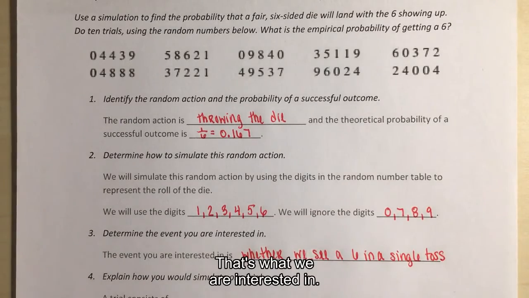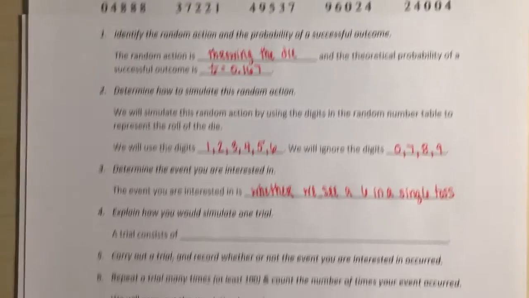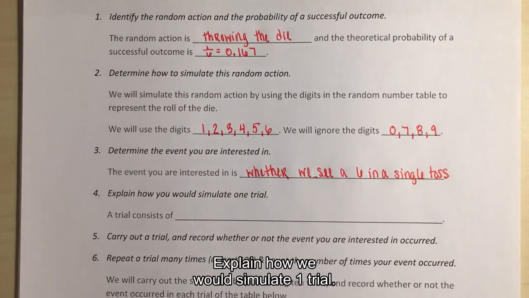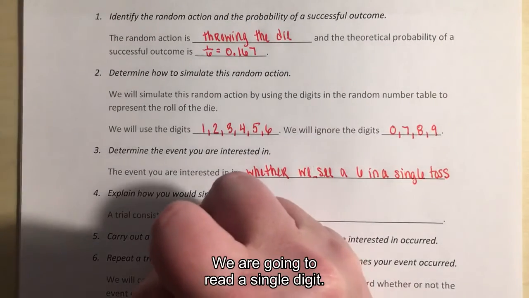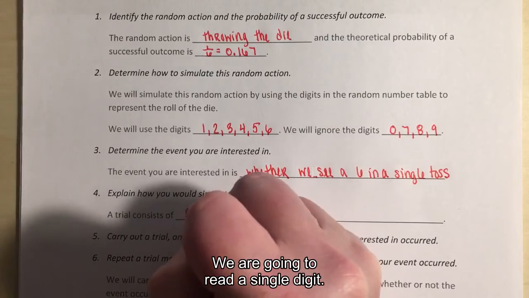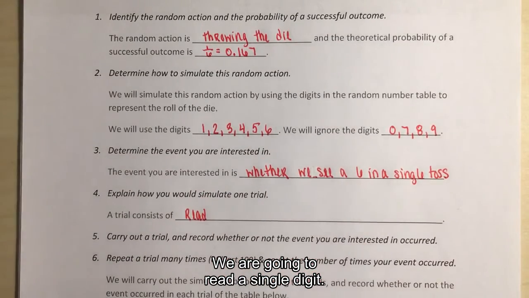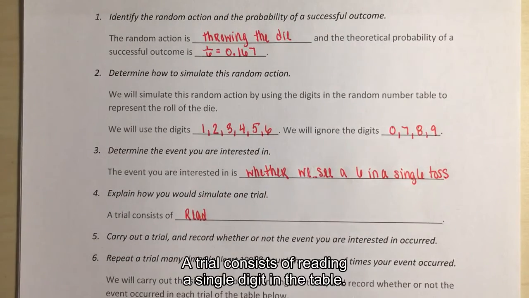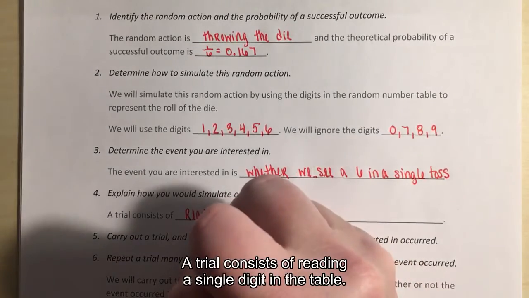That's what we are interested in. Explain how we would simulate one trial. We are going to read a single digit. So a trial consists of reading a single digit in the table.